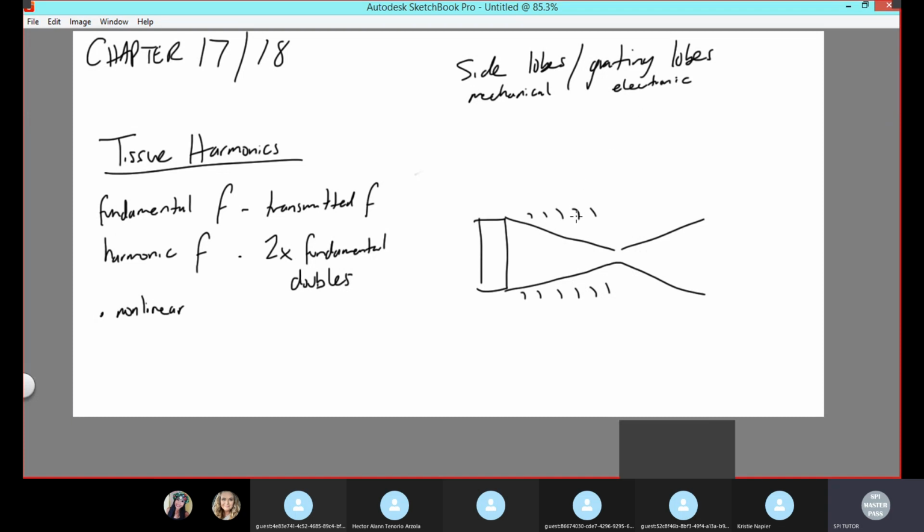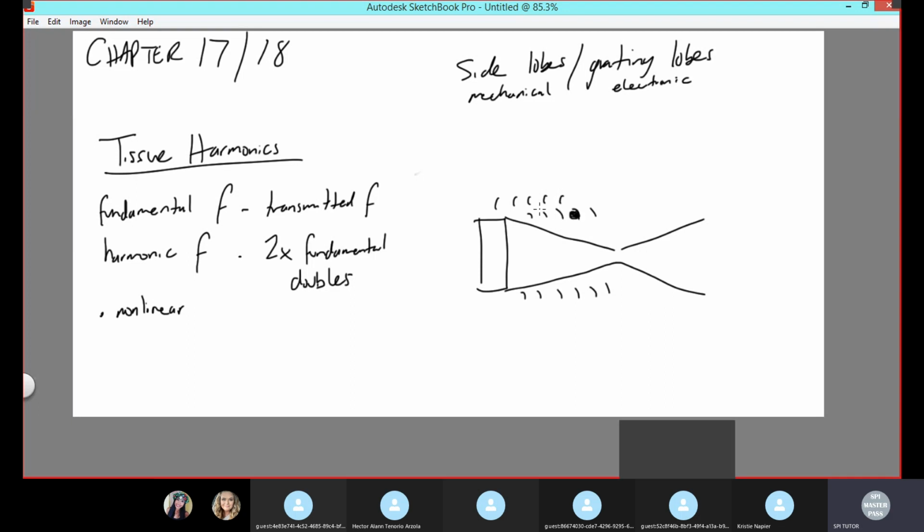These waves normally do not cause any reflections, so we don't worry about them. But every once in a while, you might have some sort of tissue there. It could be a very high reflecting tissue, and it just needs a little bit of a wave to create a reflection.